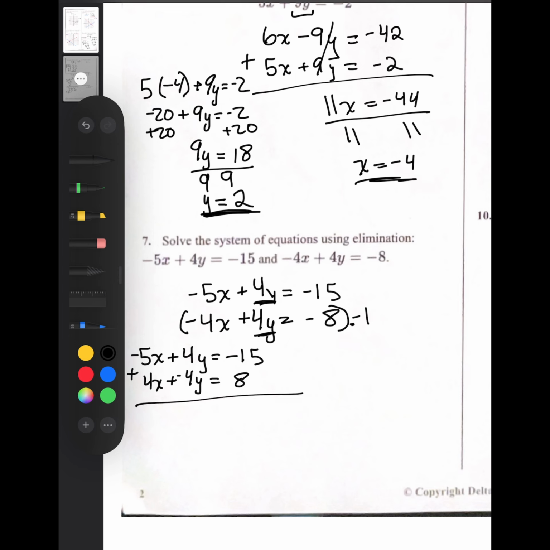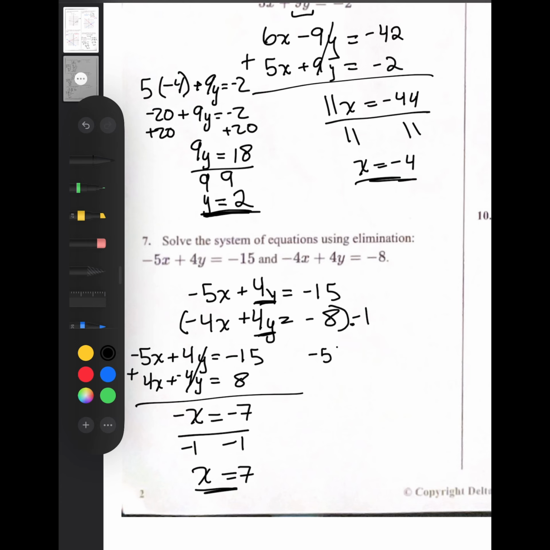Now when you add, these cross out. Our -5x plus 4x gets us -x equals, so the -15 plus 8. That should get you -7. We're going to divide it by -1, so we can get x. -7 divided by -1 is 7. Now, we plug this in. For this one, I'm going to plug it into the top equation.